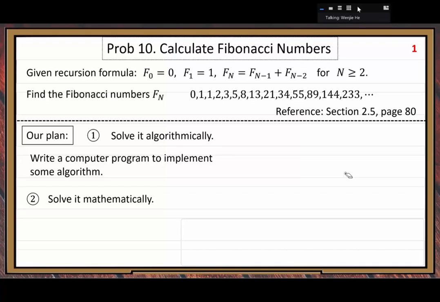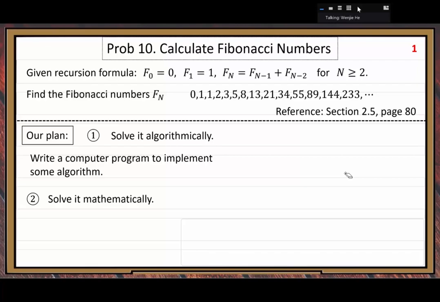You plug in the formula and do the calculation. Here, it's the same thing. If we can discover a math formula for the Fibonacci numbers, that's the fastest way. So that's our second approach. These are the two approaches.